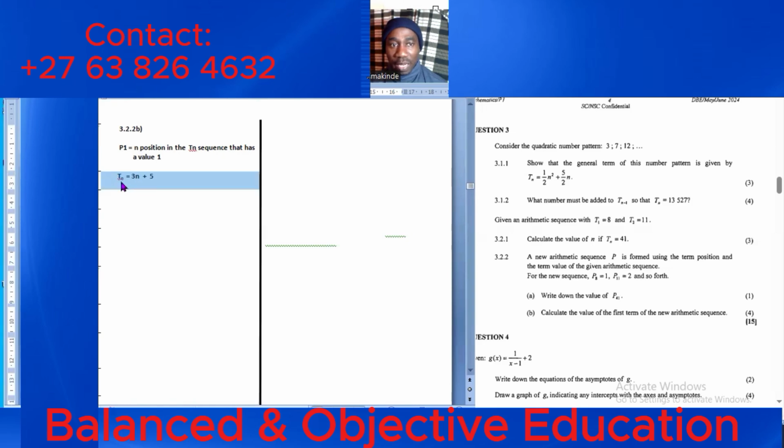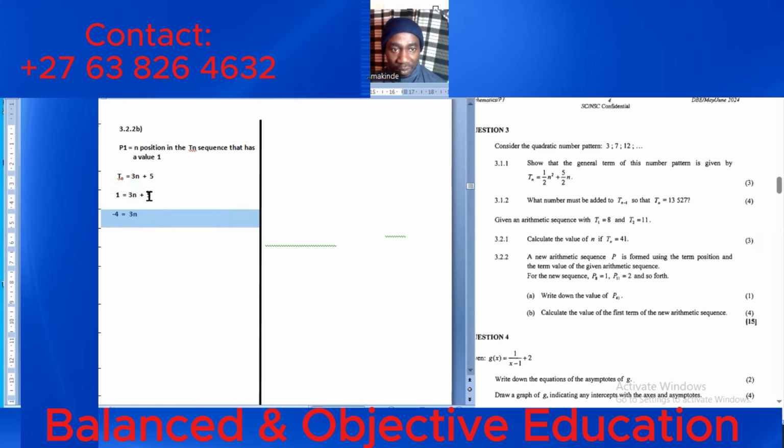So we put 1 here and we solve for n. That n that we get here will represent the value of the first term in sequence P. So let's see how that works out. We substitute 1 here, since we are dealing with the first position. We put that 1 here and we solve for n.